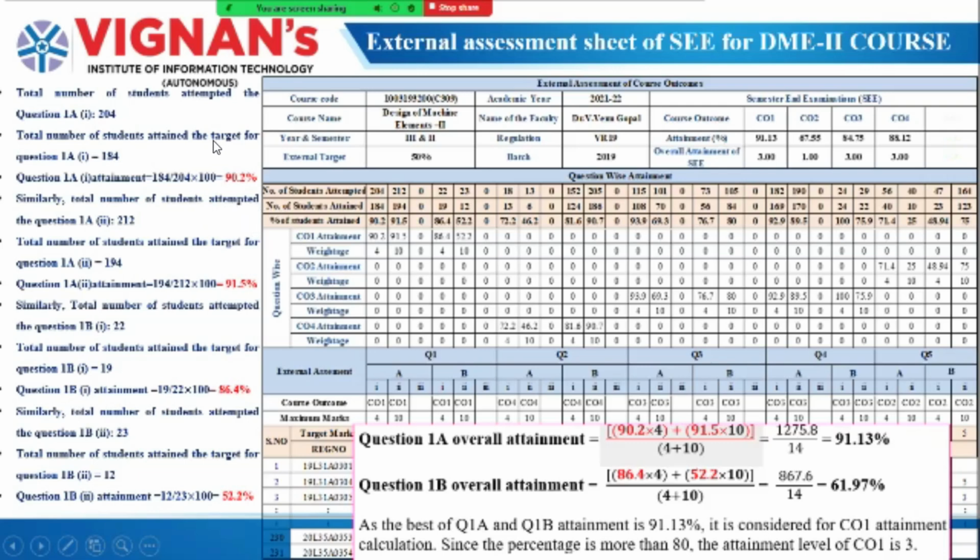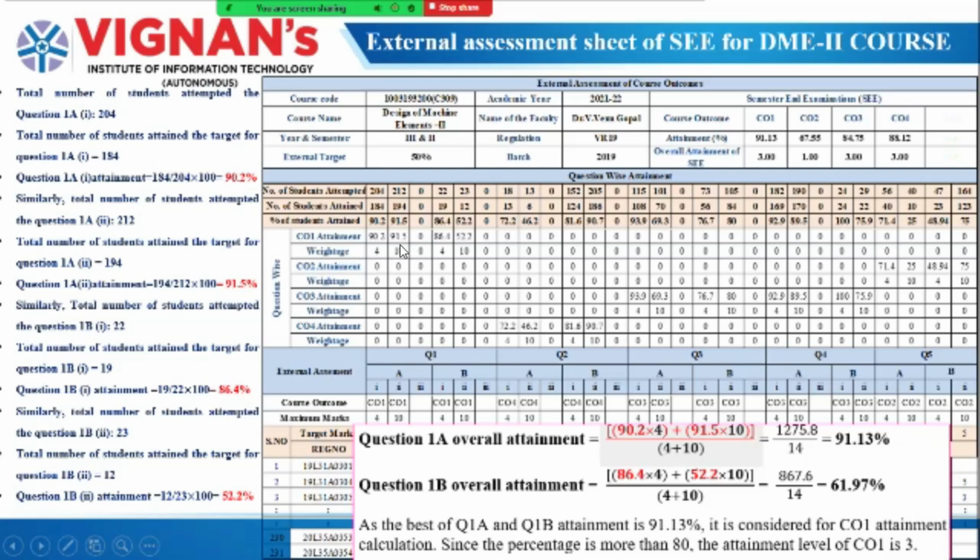Then here also, the number of attempted students is 22, but attained are 19. And here 23 attempted and attained are 12. That means 86.4 and 52.2. The weightage is 4 plus 10.